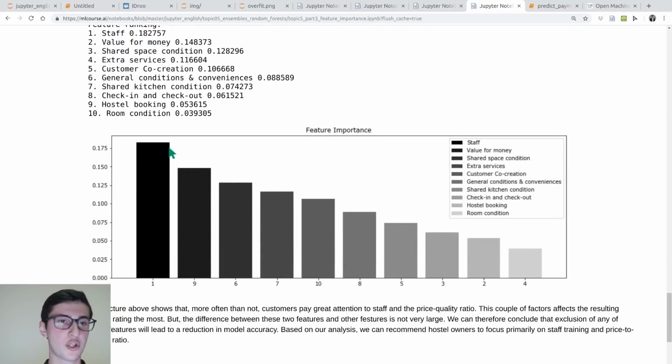This picture shows us that mentioning staff in a review influences the final rating the most. Then people tend to mention value for money, then something else. This investigation was done for customer co-creation, which is a marketing term, and they saw that it's in the 5th place, so not so bad.